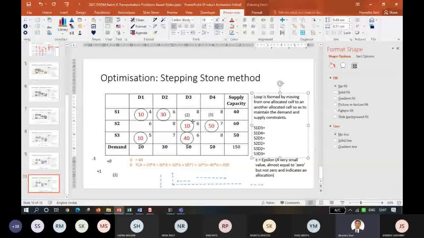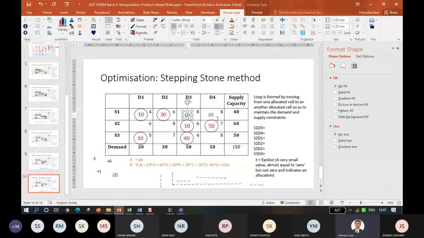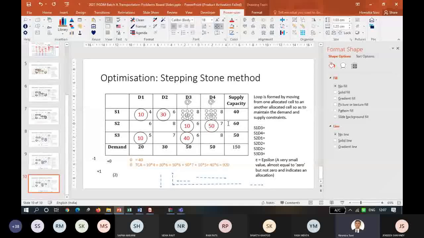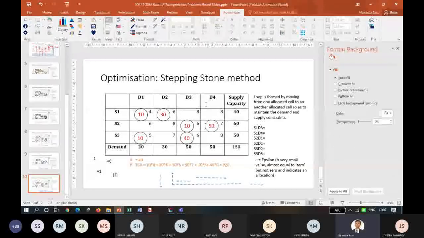So I am left with no choice other than to check whether, if I make an allocation in the non-empty cells, it will further reduce my cost. So what will we do? We will form loops again and check every cell, and if all values come positive, that means the solution obtained by us is an optimal solution and we don't need to reduce the cost further. Okay? Okay, sir. Got it, thank you.